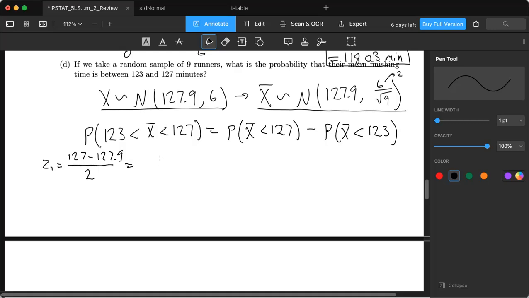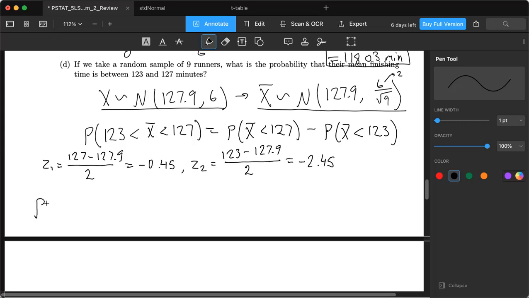Negative 0.9 divided by 2 is negative 0.45. And Z2 is 123 minus 127.9 divided by 2, which is negative 2.45.